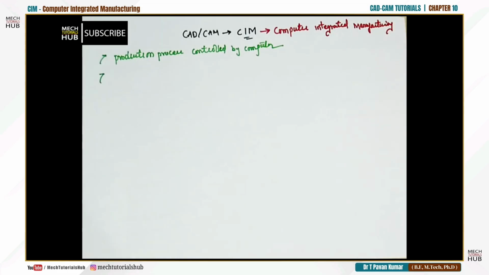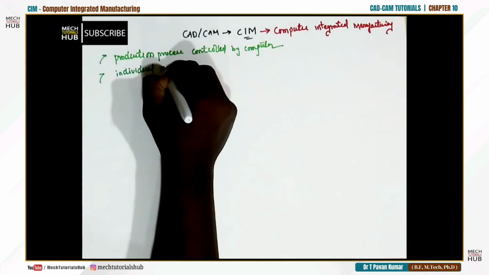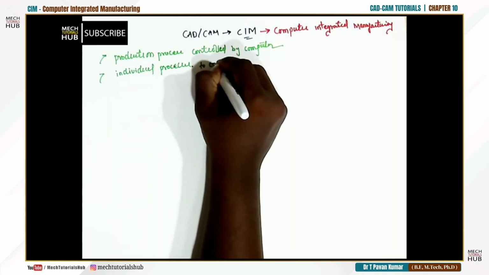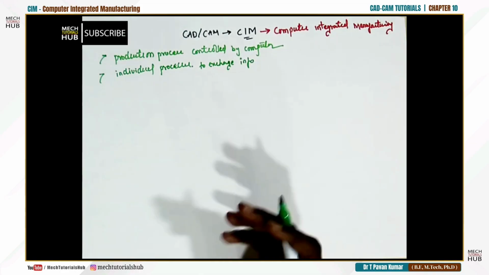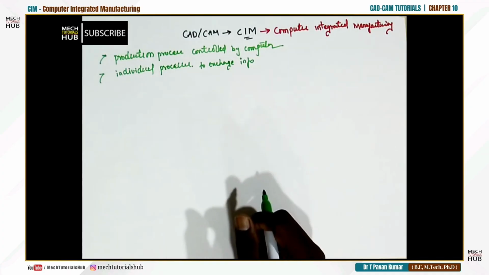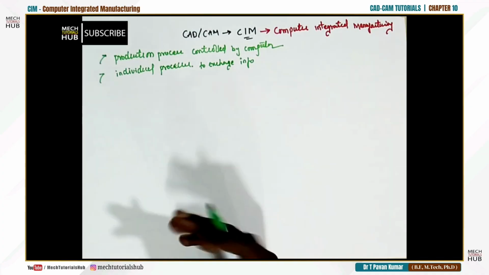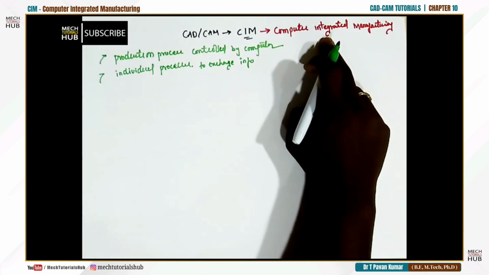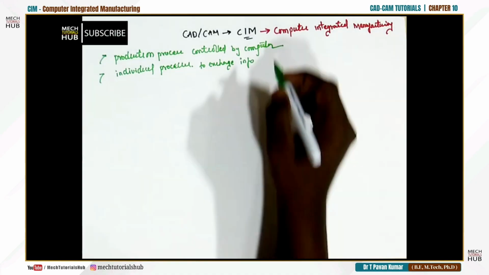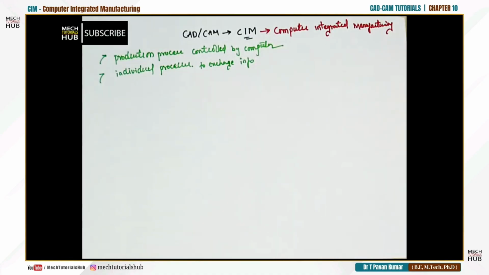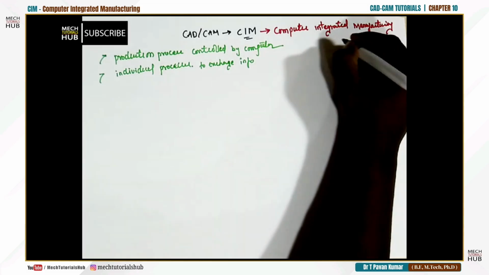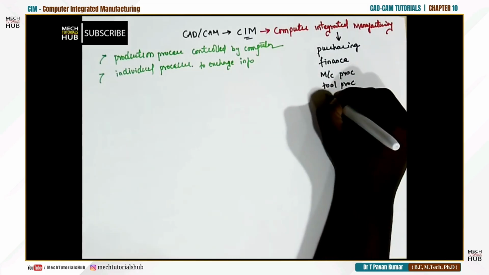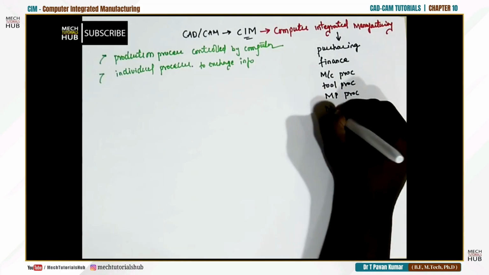Integration means we are trying to integrate individual processes so that the complete data can be integrated. We do this to exchange information, which could be design information, manufacturing information, or information related to administration, purchasing and finance. It is an integral part of the complete firm, meaning this CIM system will have information related to tools procurement, manpower procurement, and how much material is required.